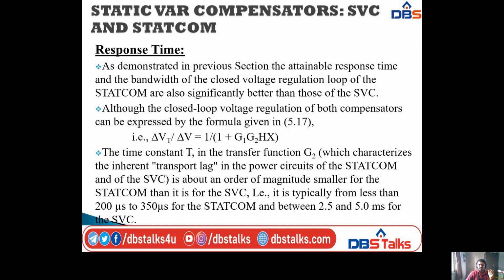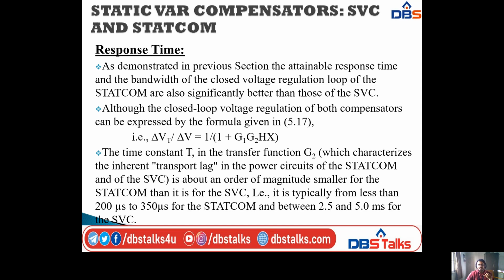As demonstrated in the previous section on characteristics of static compensators, the attainable response time and the bandwidth of the closed voltage regulation loop of the STATCOM are significantly better than those of the SVC.